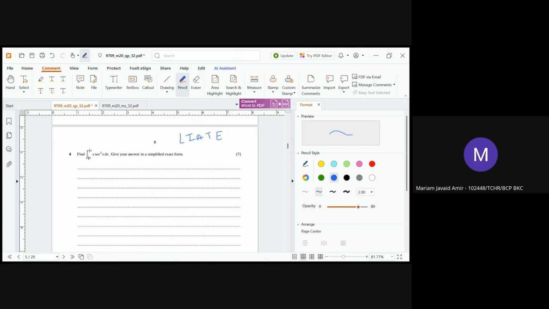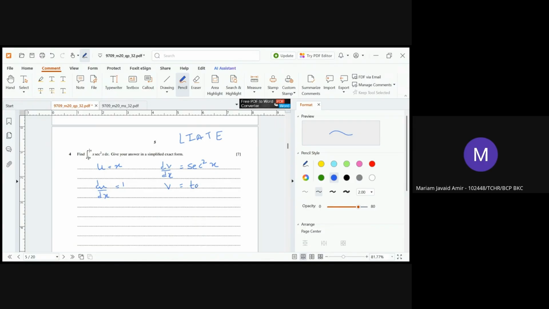We do not have log here, we do not have inverse here, but we do have algebra here, which is x, so we can say u is equal to x. That means dv by dx will be secant square x. Now we differentiate u, which gives us a 1, and we integrate secant square x, which gives us tan x.